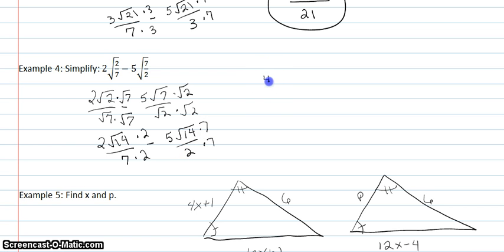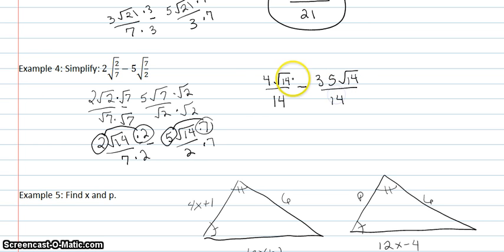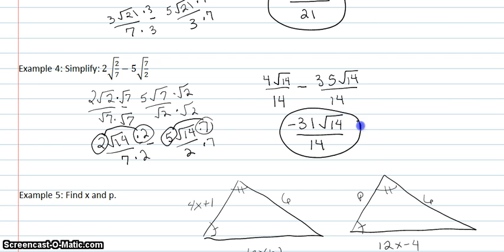So I'll have 4 square roots of 14, and you see I only multiply that 2 to the 2 in front, over 14 minus, then the 7 multiplied by that 5, 35 square roots of 14 all over 14. Then I'll subtract here, so 4 minus 35 is negative 31 square roots of 14 all over 14, and that would be our final answer.